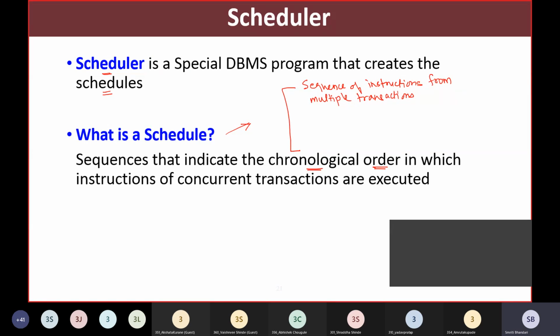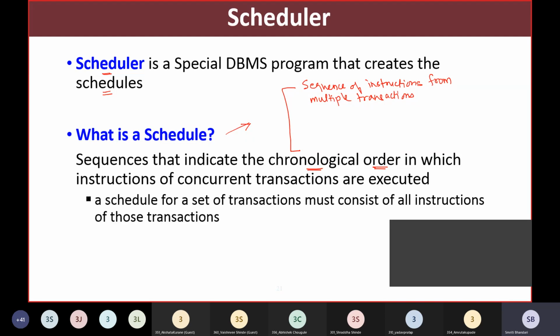So there is some interleaving of instructions from concurrently executing transactions, and such a chronological order is generated by a scheduler. This chronological order in which the instructions need to be executed is known as a schedule, right? A schedule for a set of transactions must consist of all the instructions of those transactions.